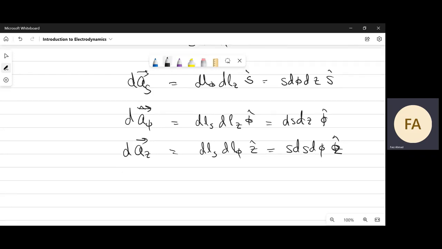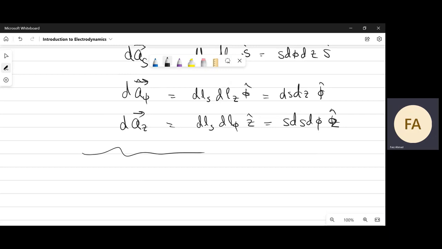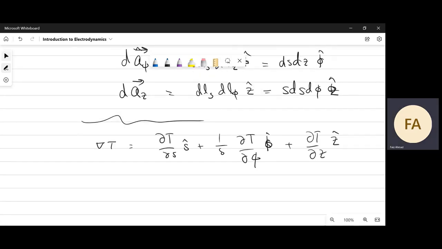Similarly, as we talked about our vector derivatives in spherical coordinates, we can express our vector derivatives in cylindrical coordinates. The gradient of T will become partial T over partial s s unit vector plus 1 over s partial T over partial phi phi unit vector plus partial T over partial z z unit vector.